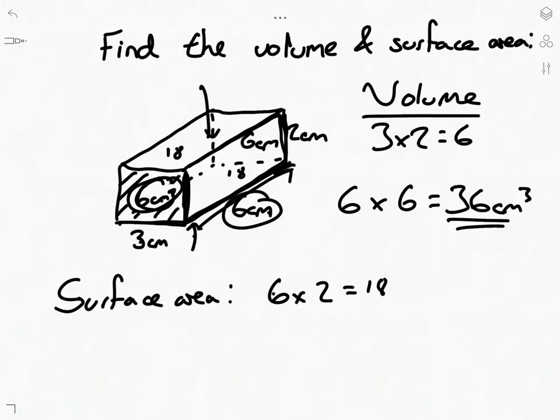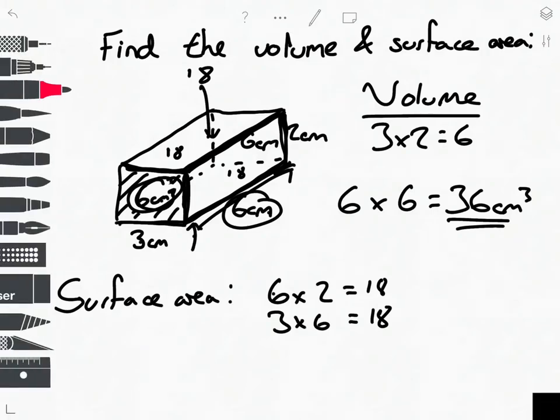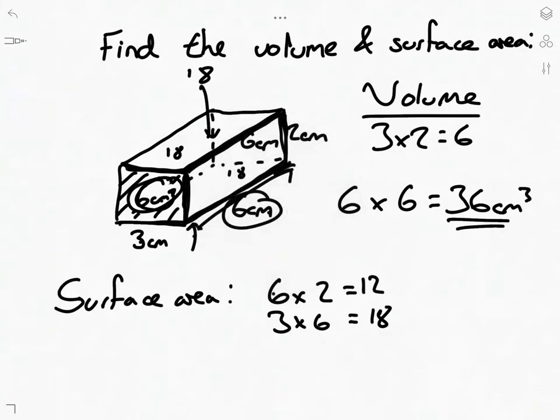The top is 3 by 6. So 3 by 6 is also 18. I've just realised I went wrong. Sorry. So obviously 6 times 2 is not 18, it's 12. Sorry about that. So we've got 18 on the top and we've got 12 here on the sides.